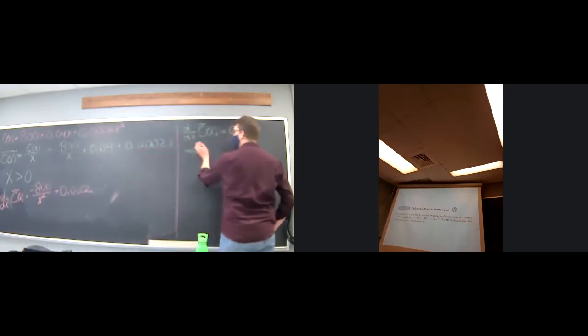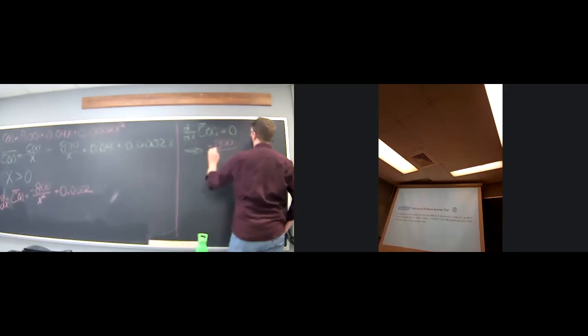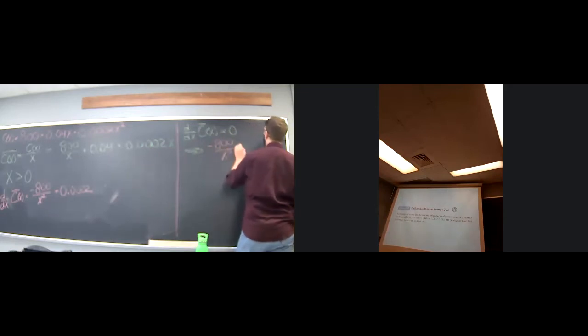It's going to tell us that negative 800 divided by X squared plus 0.0002 is equal to 0. We can add 800 divided by X squared to both sides.